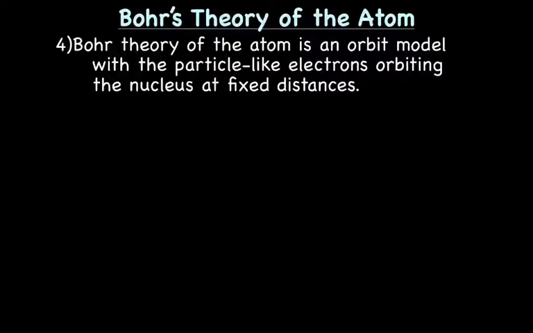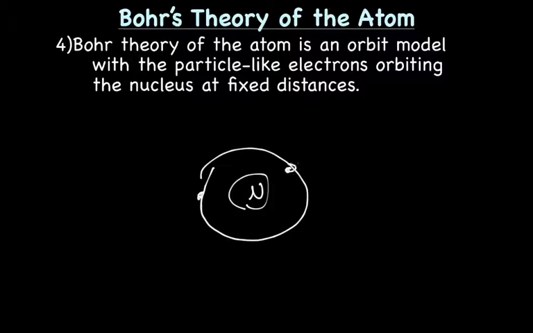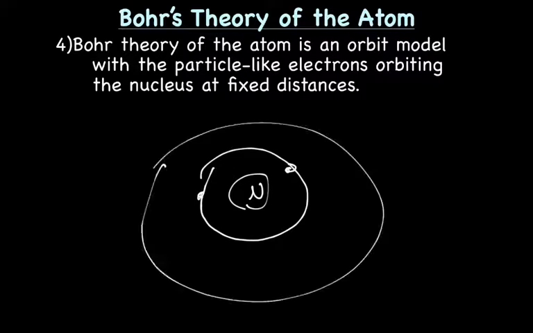So Bohr went on to explain the theory of the atom. And what he came up with is an orbit model with particle-like electrons orbiting the nucleus at fixed distances. You've all seen this kind of thing. So we've got the nucleus, and then around the nucleus are electrons, and there's another energy level with more electrons.